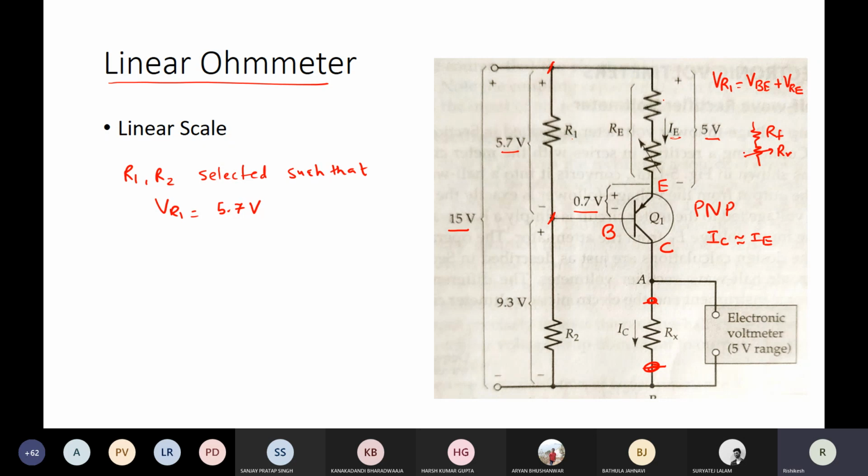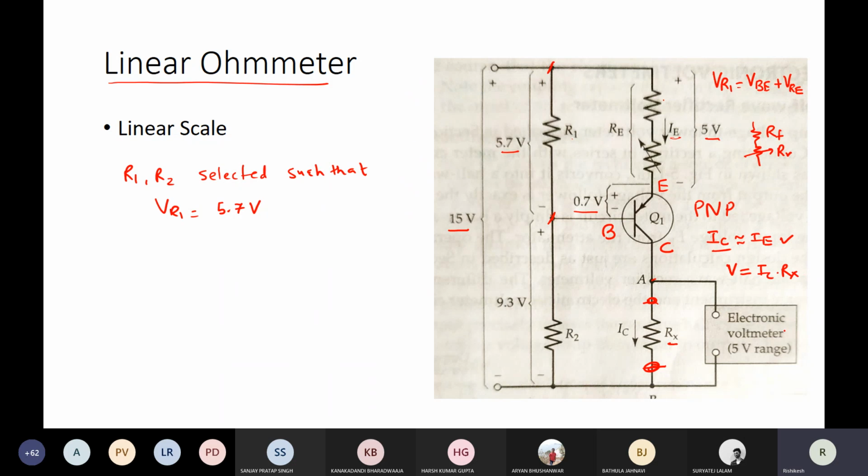Right, so we have the knowledge of IE, accordingly we have the knowledge of IC as well, that is a collector current, and that collector current is flowing through the unknown resistance. So the voltage which is developed here is IC into Rx.